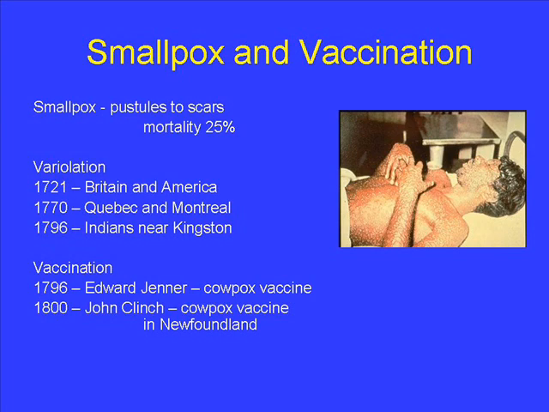The big break that occurred just before the 19th century, of course, was the discovery and the reporting by Edward Jenner of the protective effect of cowpox vaccine. And it's very interesting. John Clinch, who was in Newfoundland, was a classmate of Edward Jenner and received some cowpox vaccine from him directly and used cowpox vaccine in 1800.